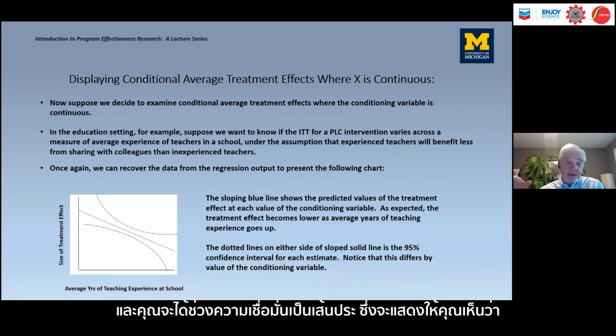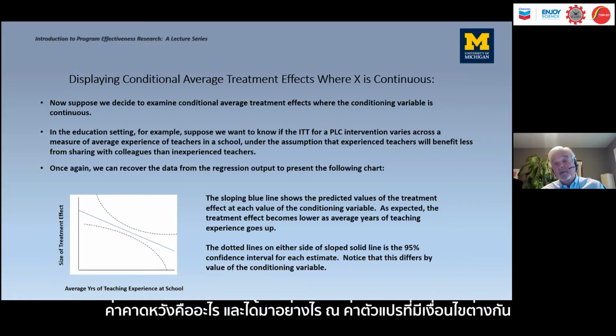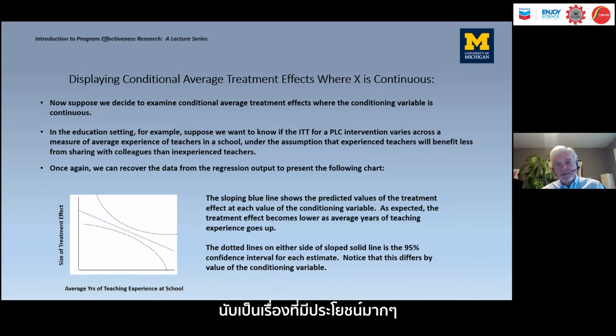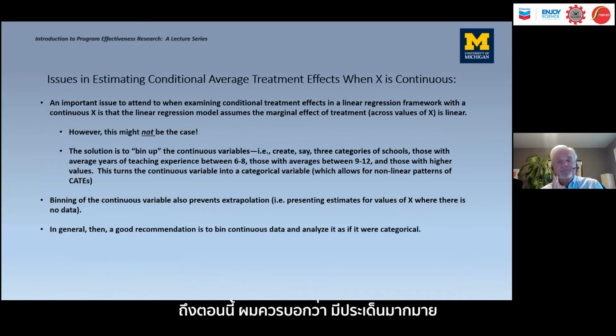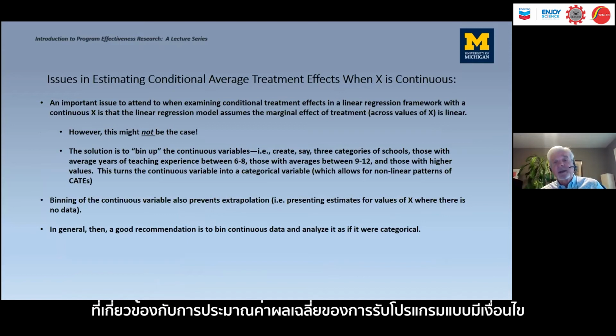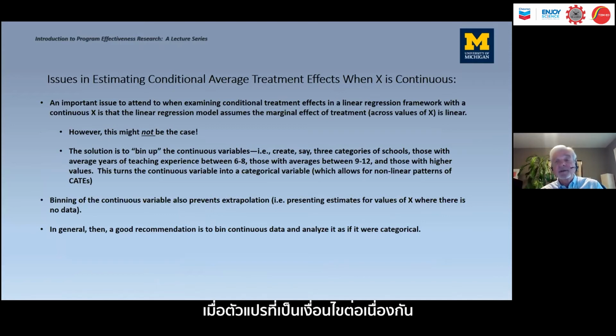And you can get the dotted lines, the confidence interval, and that will show you what the expected values are at different values of the conditioning variable. Very useful thing to produce. Now, I should say this. There are a bunch of issues involved in estimating conditional average treatment effects when the conditioning variable is continuous.